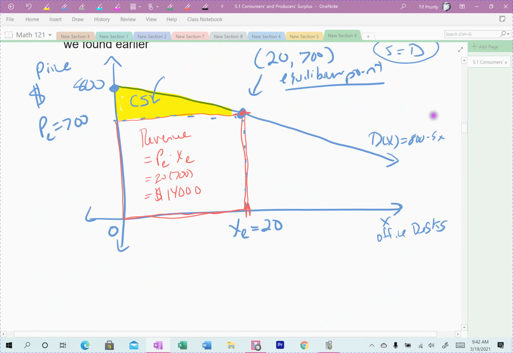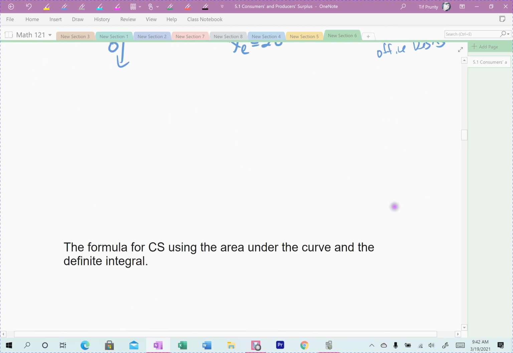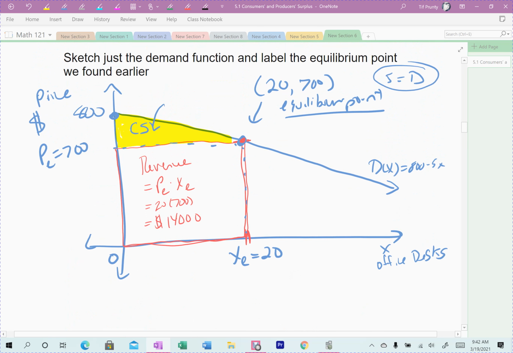All right? And so how do we find that? Well, the total amount they would have been spending would have been the total sum of the demand to the equilibrium point. And how we find the formula for the consumer demand is the area under the curve. I only want the yellow area.